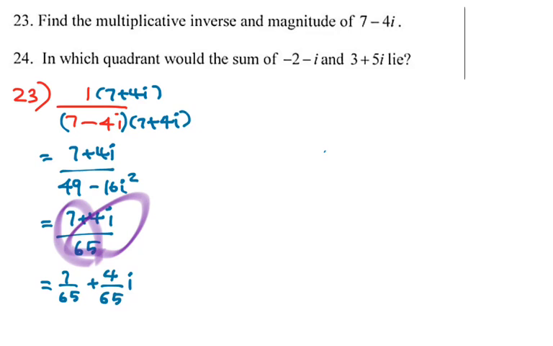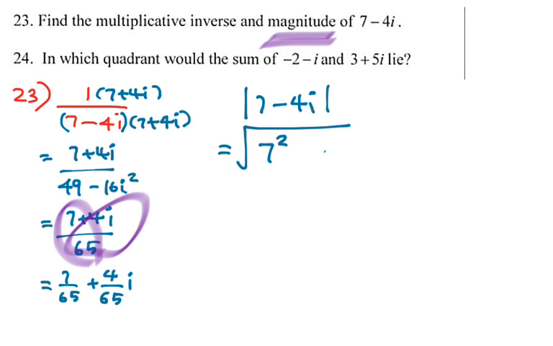Now, the second portion that they want us to do is find the magnitude. How do you find the magnitude? It's basically the distance formula from the origin. That means the absolute value of 7 minus 4i. How do you get that? That's the magnitude. That means the square root of the first number squared, 7 squared, plus the second number except i, which means negative 4, and that has to be squared.